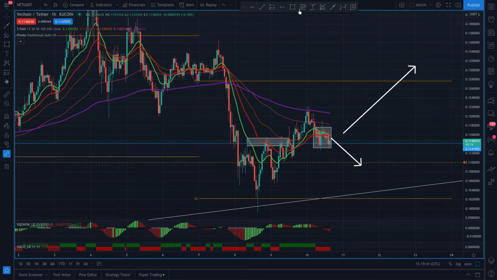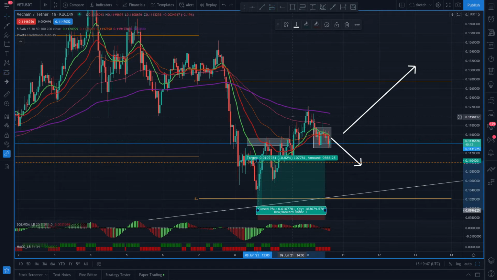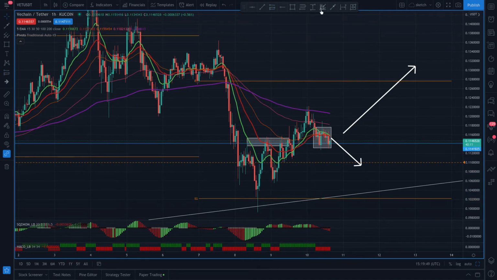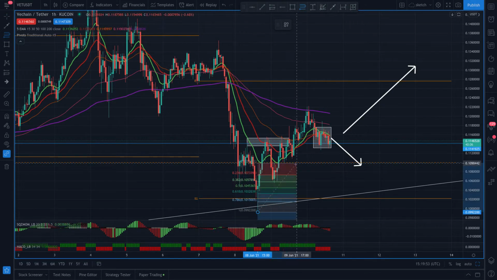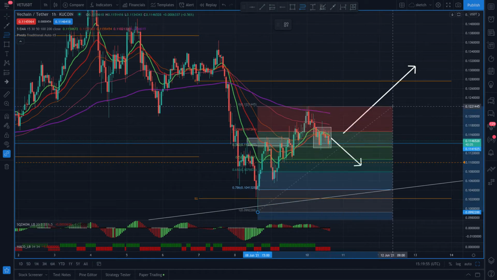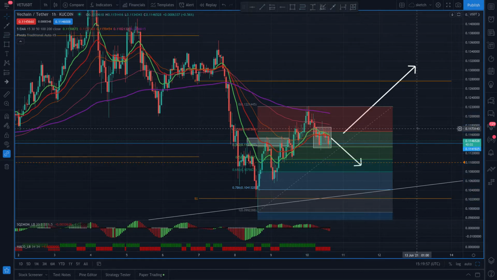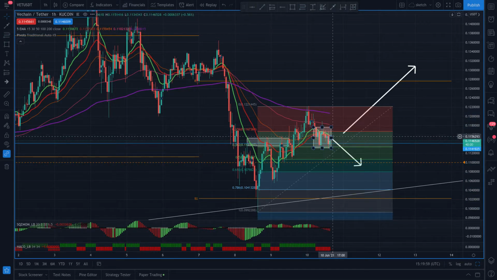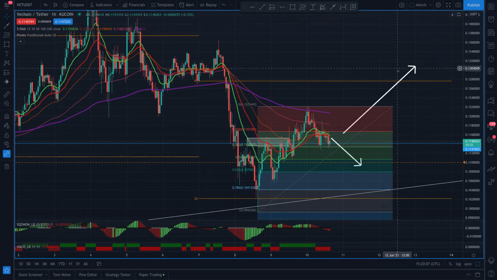Oh, sorry, wrong one. Let's see what Mr. Fibonacci can tell us. So let's just delete this box, right? So you can see it's ranging within this right now. Ranging here.